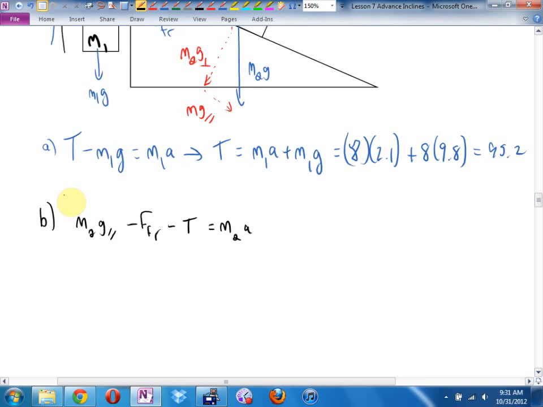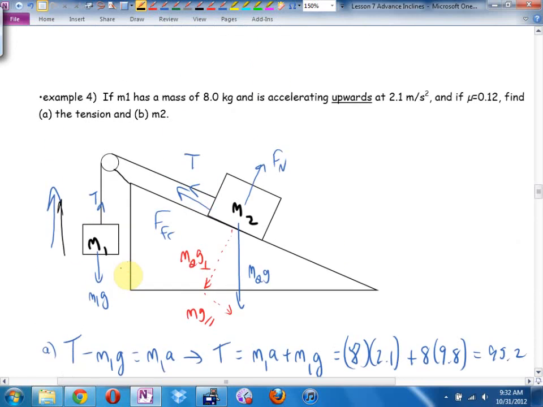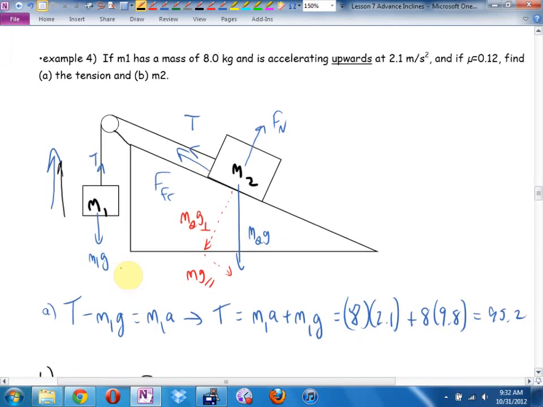Let's simplify. So parallel is going to be M2G sine. What was the angle? Didn't give you an angle. Do we need an angle?